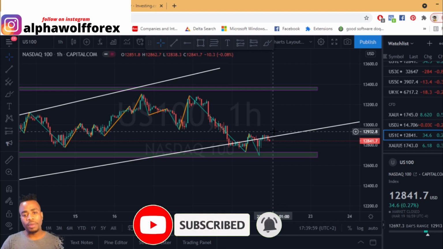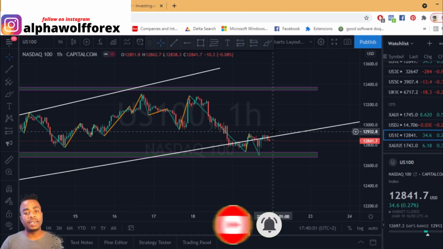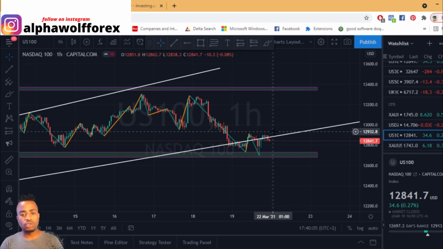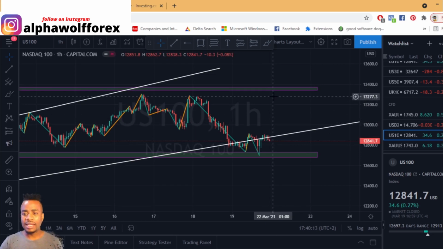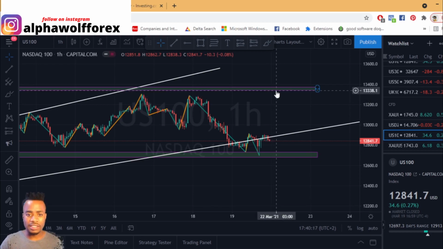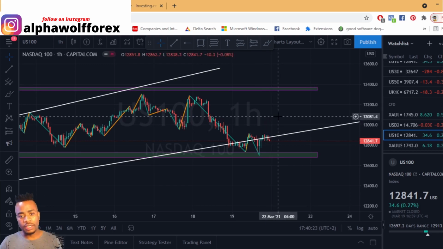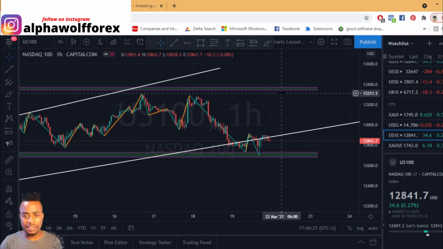Once the market opens, first or second hour, we'll reanalyze the market again. But at the moment, we are more swayed to go to the upside. We are more swayed for the market to come test the 13,050 region, and from there come test the 13,200 region, to do that final test of this level. So the market is going to come test this region, maybe have a little bit of correction, and come test this region.